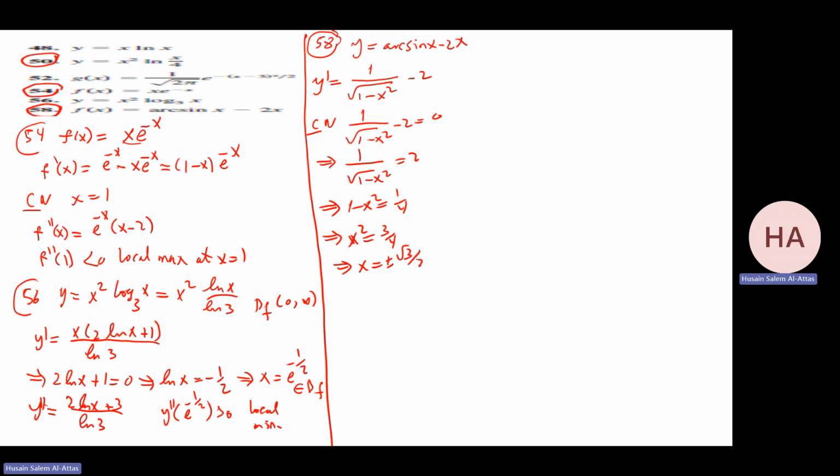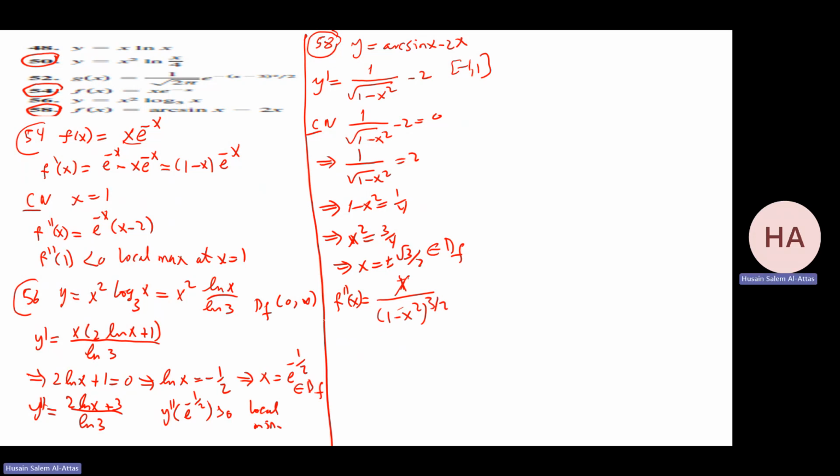Okay, the domain is minus 1 to 1, huh? Because of arc sine. This belongs to the domain. Very clear. Square root 3 over 2 is in the domain. So I'll find f double prime. If you do the calculations, you get this x, not difficult.